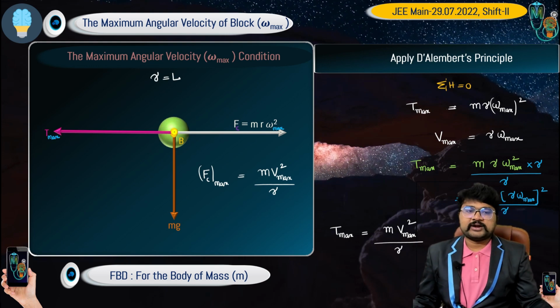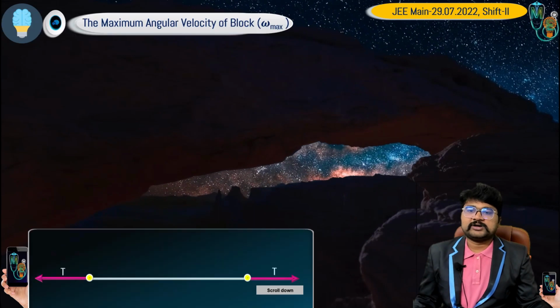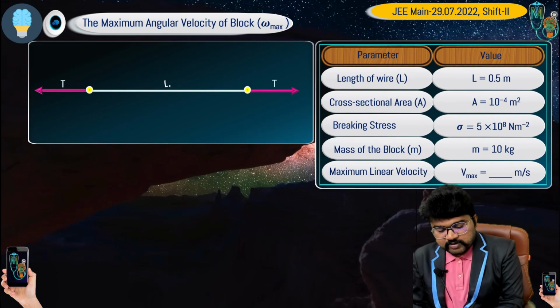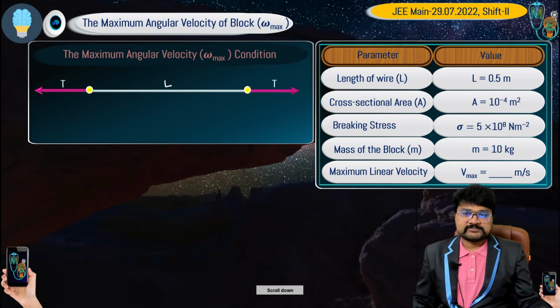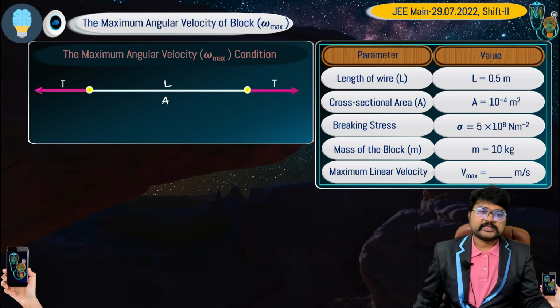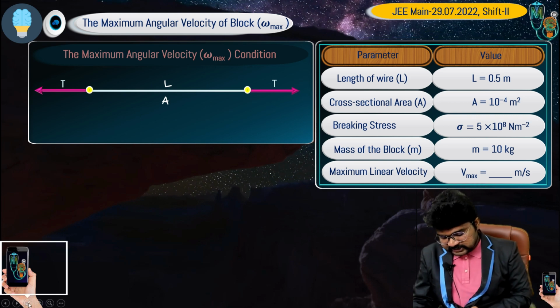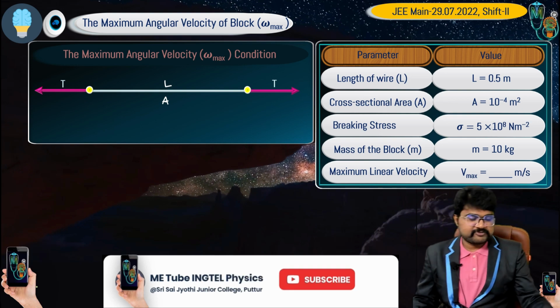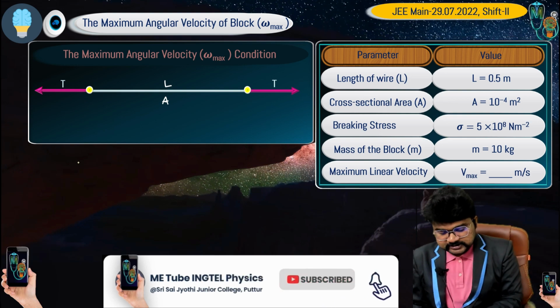So now we can try to solve this problem. Here is the given data: the length of the wire, the maximum angular velocity condition, the area of cross section A, and everything else is given. So take the definition of breaking stress. What is the definition of breaking stress?